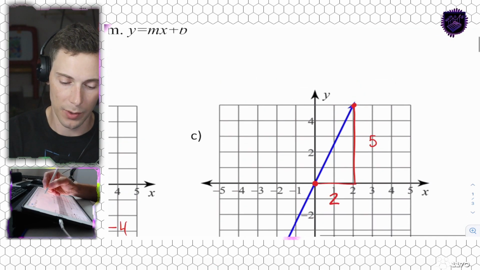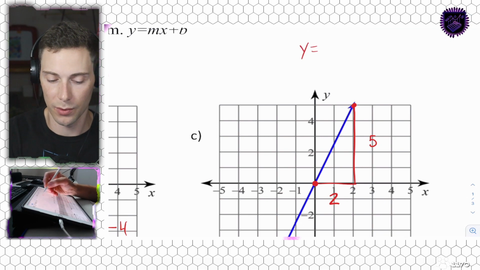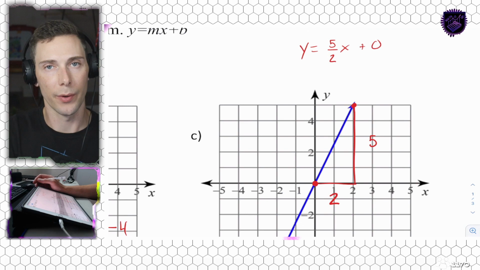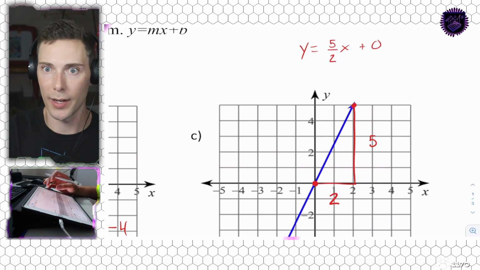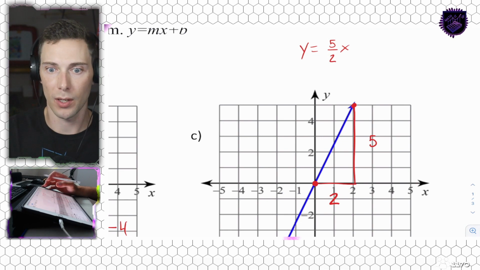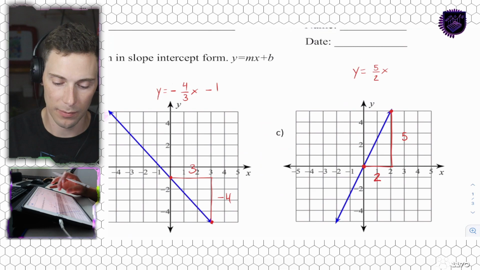So this is going to be written as y is equal to 5/2x plus 0. But why would I write plus 0? The y-intercept is 0, so we don't need to add anything. Just y is equal to 5/2x. That's as simple as this one is.